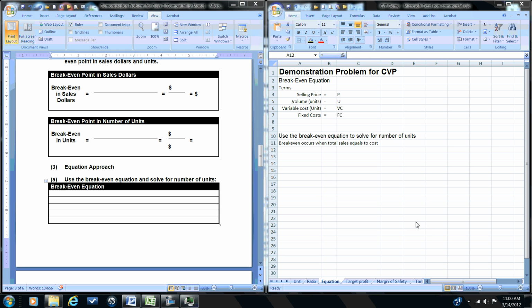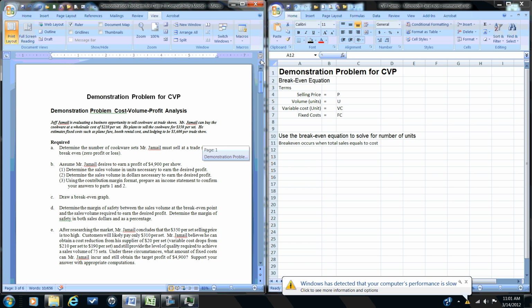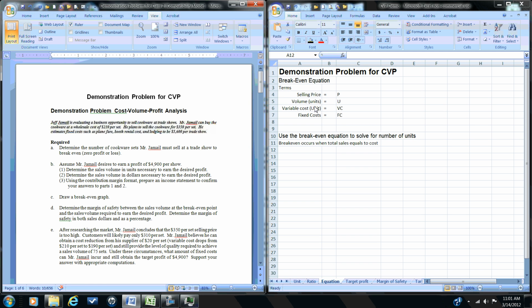So in our equation, we're going to use certain terms, and here they are outlined. We have our selling price, and that is going to equal P. The number of units that we sell is our volume, and we're going to express that in this case in terms of units.